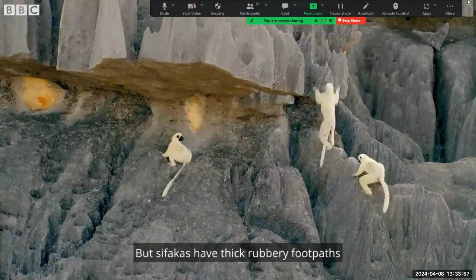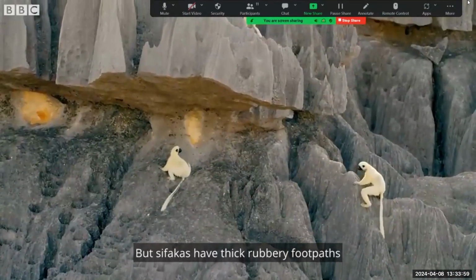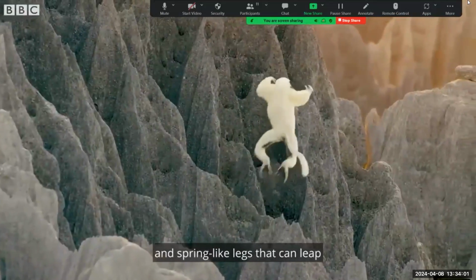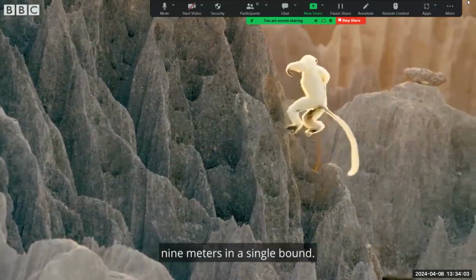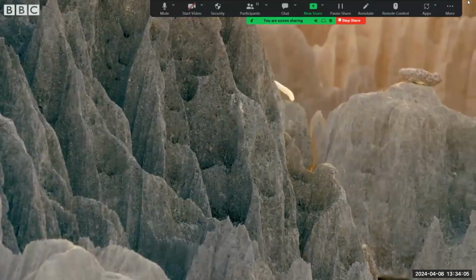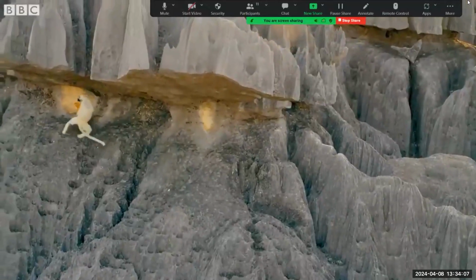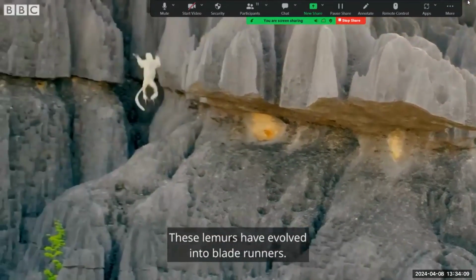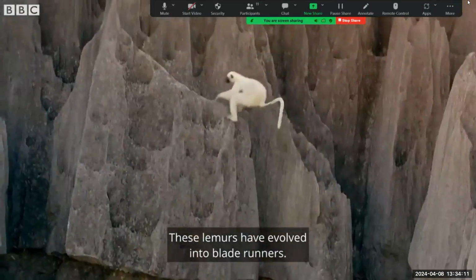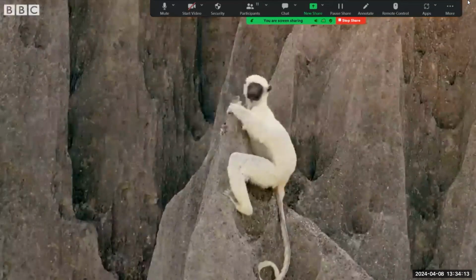But Shifakas have thick, rubbery footpads and spring-like legs that can leap 9 meters in a single bound. These lemurs have evolved into blade runners.